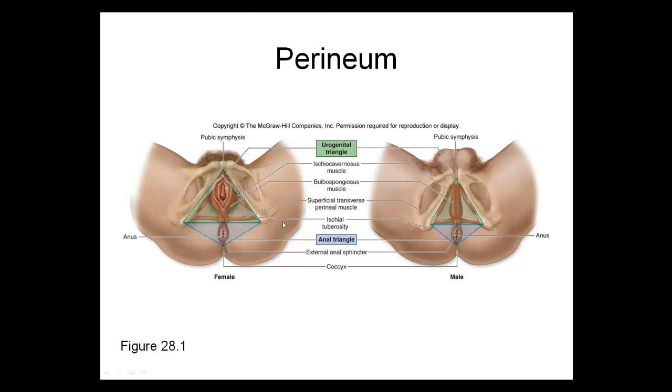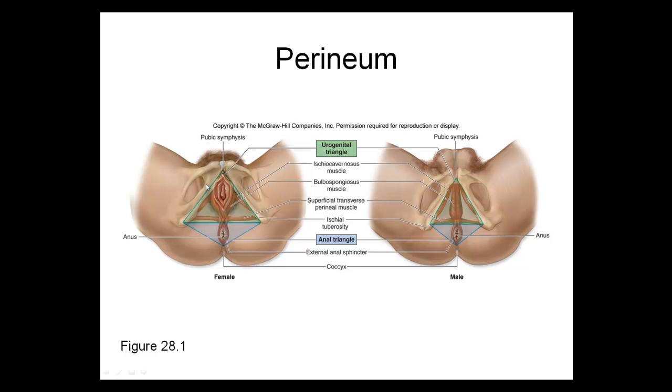If we draw another line that runs between the two ischial tuberosities, then we will divide this diamond-shaped structure into two triangles. Anteriorly we will have the urogenital triangle, and posteriorly we will have the anal triangle.